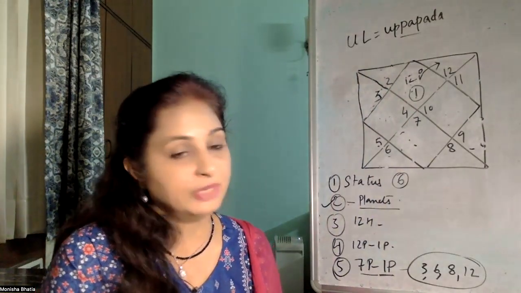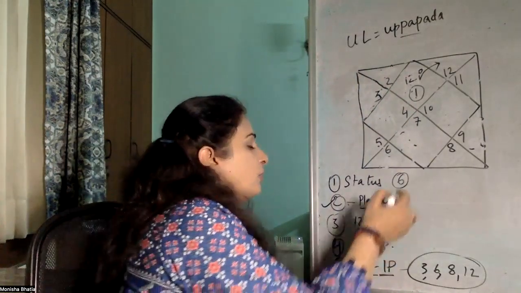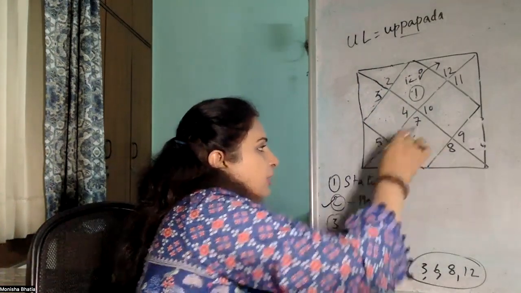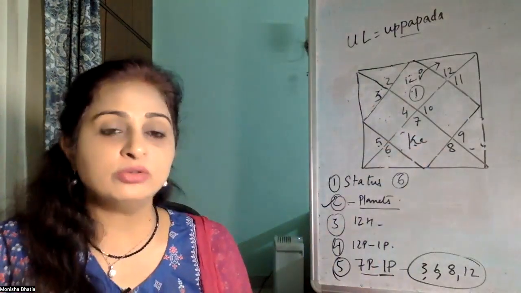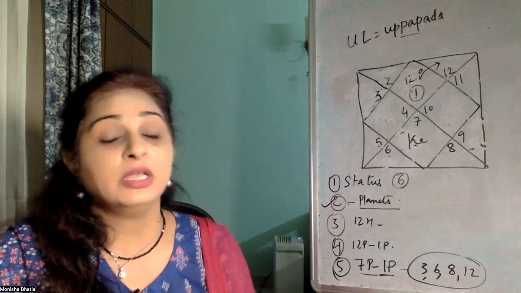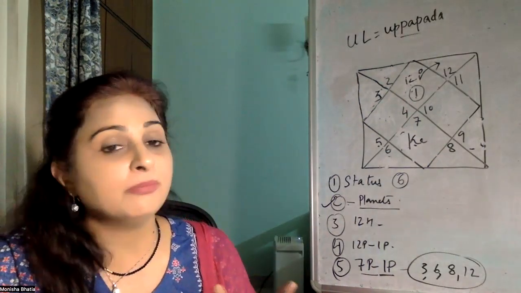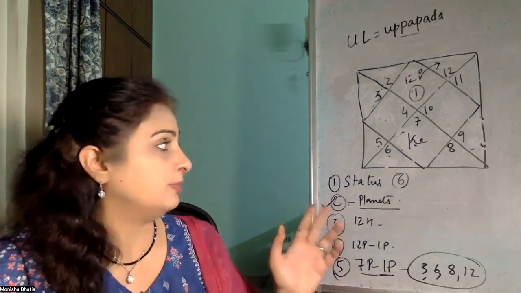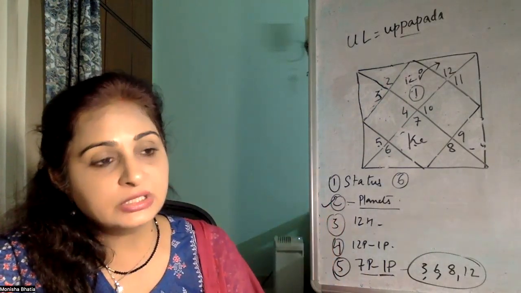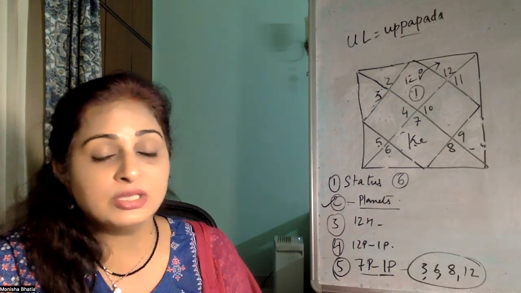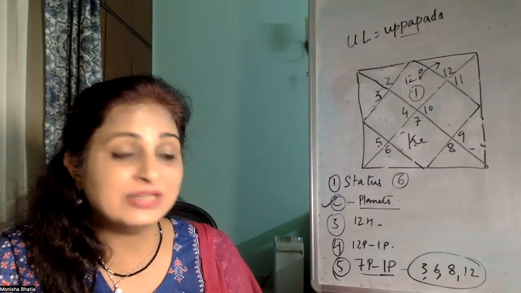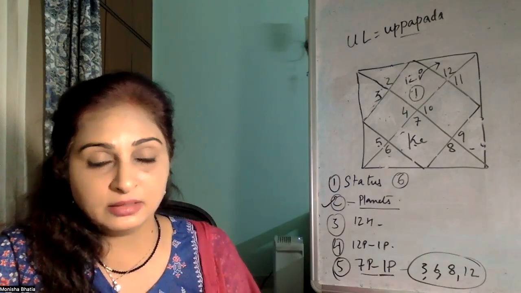Now, if you have Ketu in your 7th house, Ketu gives you a very spiritual spouse, or the native may not marry at all if Ketu is present here. This position can sometimes cause lots of disinterest in the marriage.